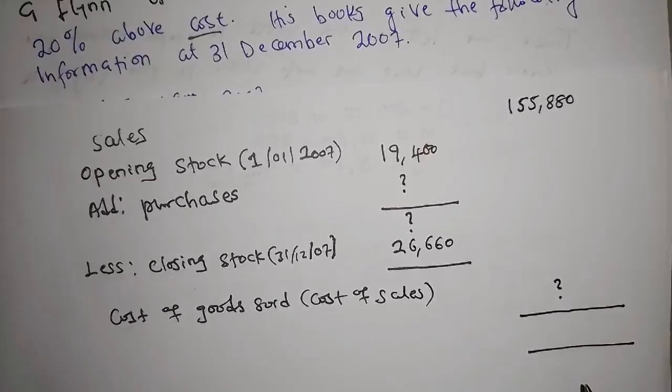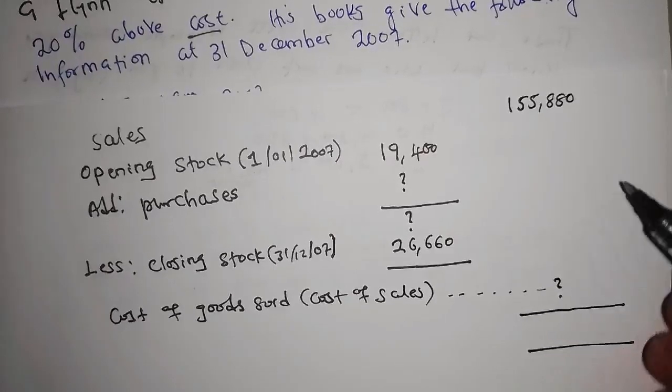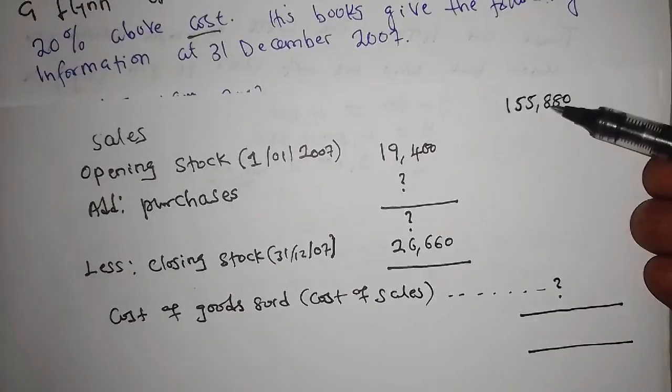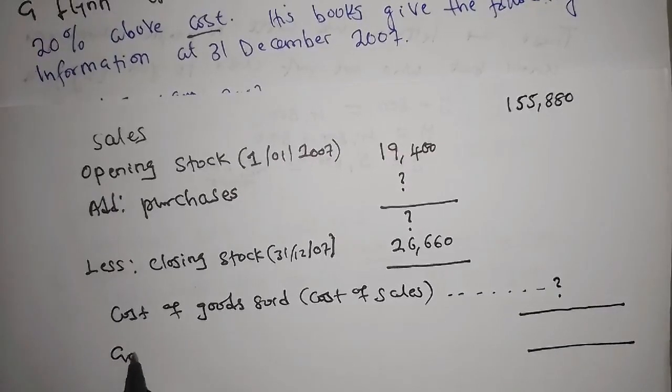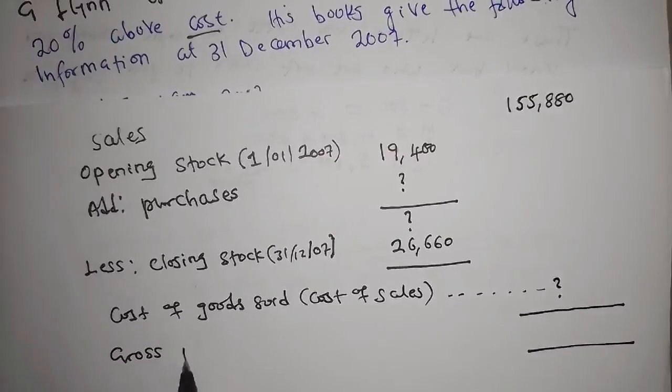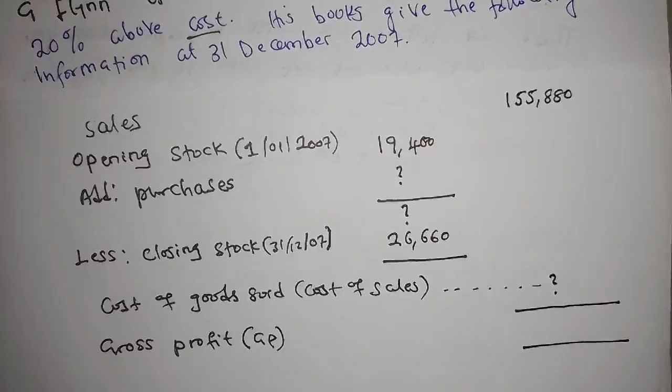Then sales minus cost of sales gives us the gross profit, or just the GP.